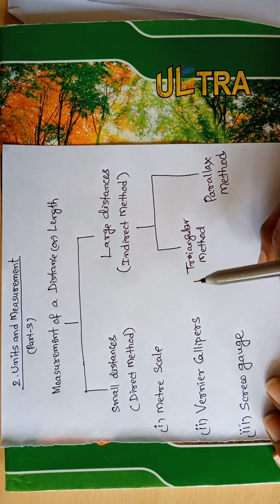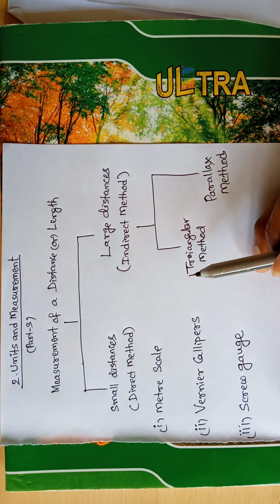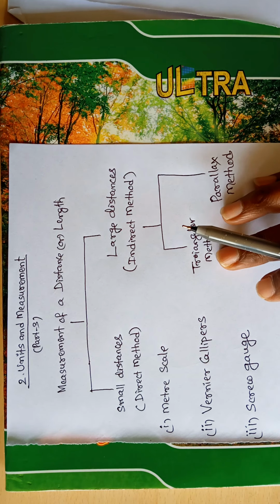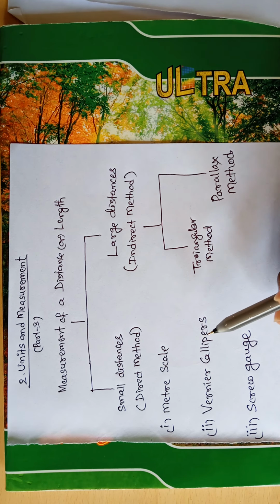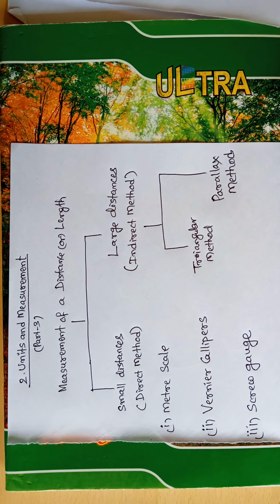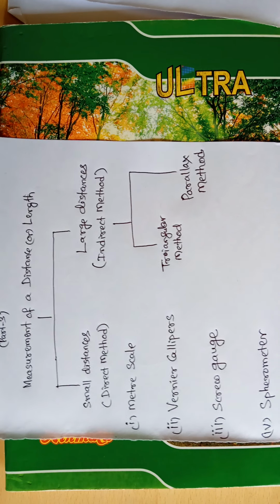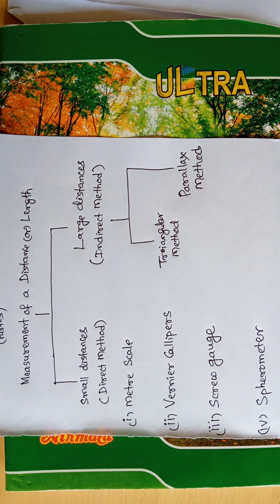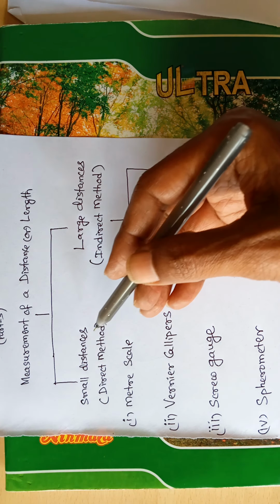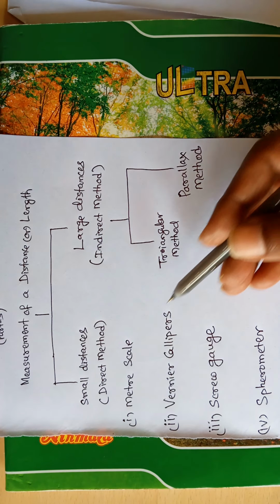When you want to measure small distances, there are certain apparatus: meter scale, vernier caliper, screw gauge, and so on. Using the apparatus, you can find the length accurately, directly. So this is one method: small distances measured directly.